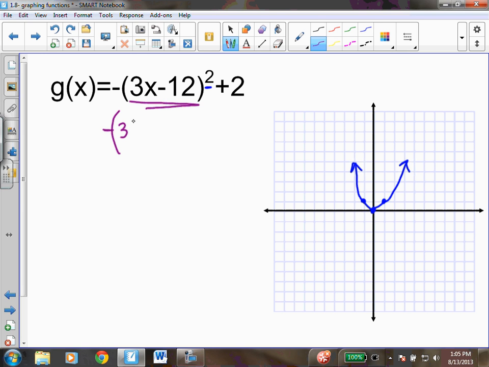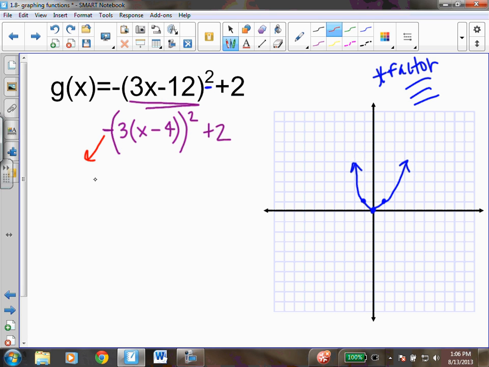So I'm going to factor a 3 out of here. Now I know my appropriate shift. If this isn't factored, then I would have shifted this to the right 12, which would have been very incorrect. So you might want to make a note to yourself that this inside of the function always needs to be factored.